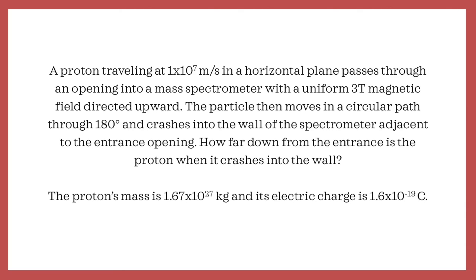The particle then moves in a circular path through 180 degrees and crashes into the wall of the spectrometer adjacent to the entrance opening. How far down from the entrance is the proton when it crashes into the wall? The proton's mass is 1.67 × 10^-27 kilograms, and its electric charge is 1.6 × 10^-19 coulombs.